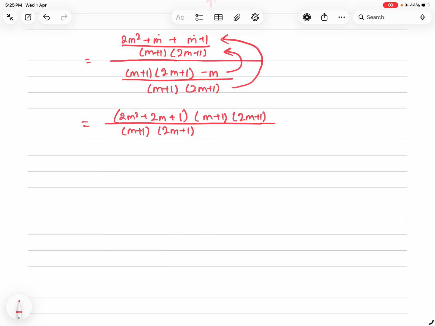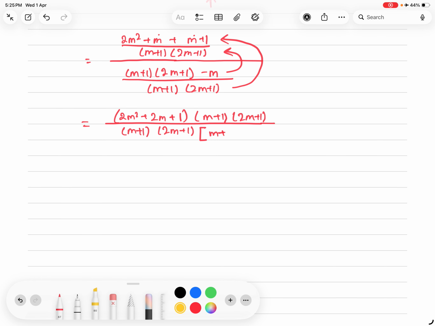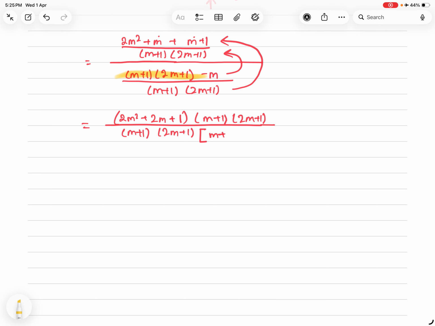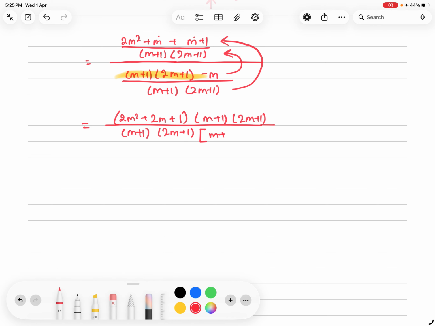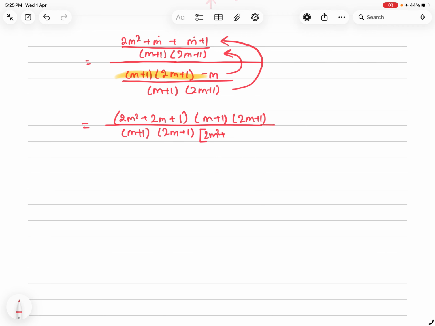Then you write one big bracket and simplify this thing: 2m square plus m plus 2m plus 1, minus m, you can do it in one go. Now look, my favorite thing, cutting.